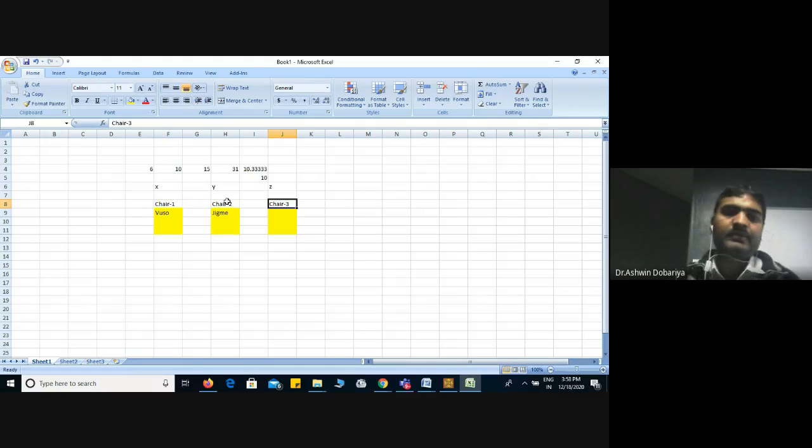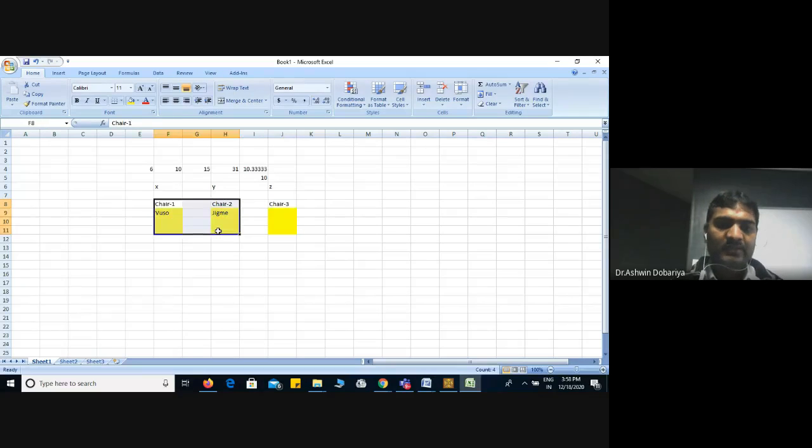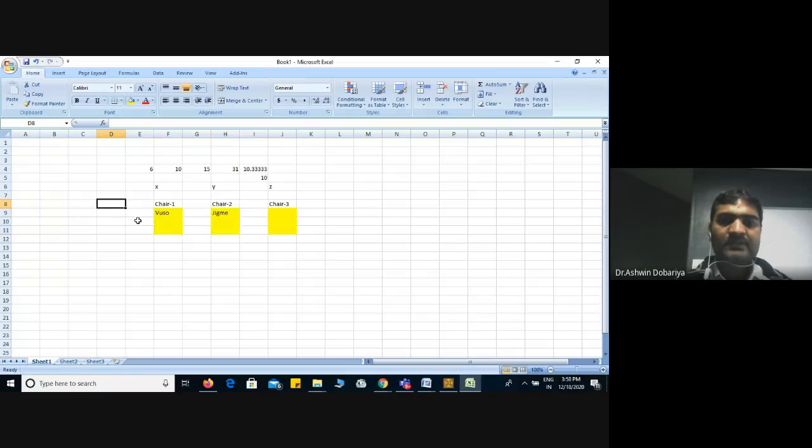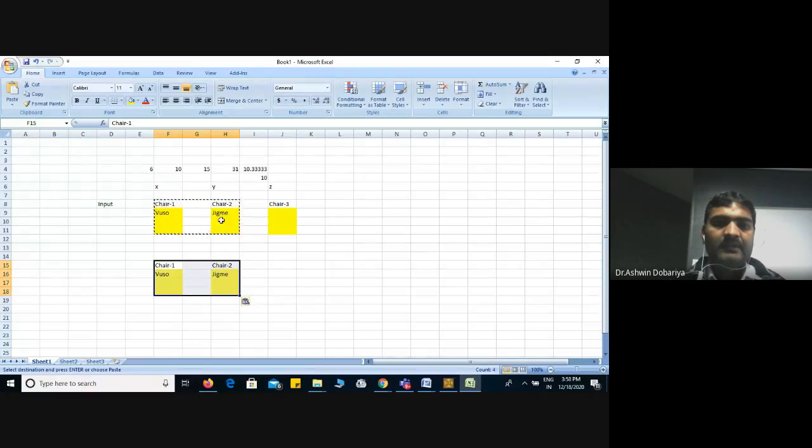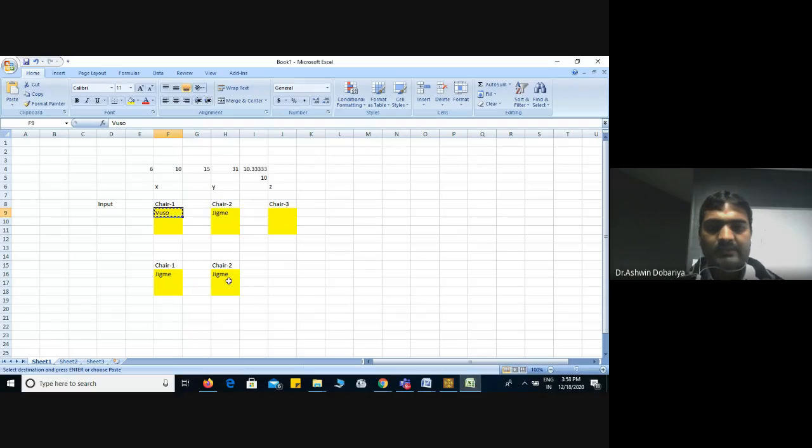Now if I want to interchange these two students, what do I have to do? This is my original input, and after a certain process, my output should be like this: Jimmy should sit on chair number 1 and Wuso should sit on chair number 2.